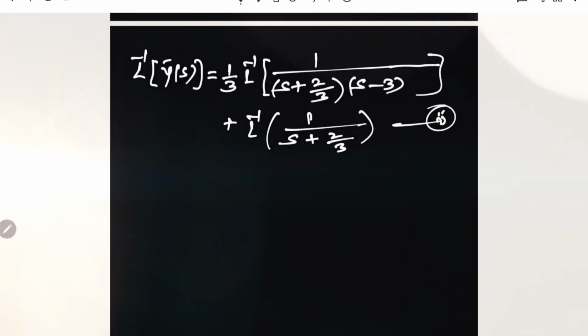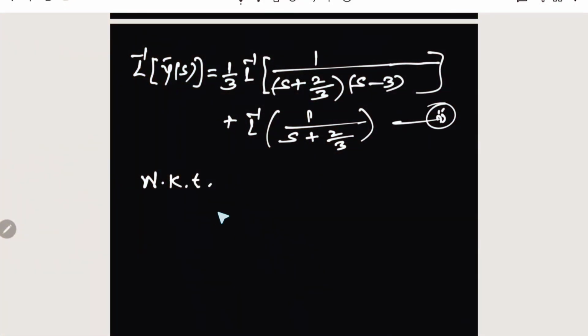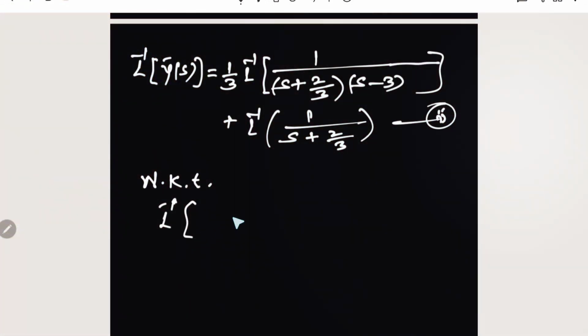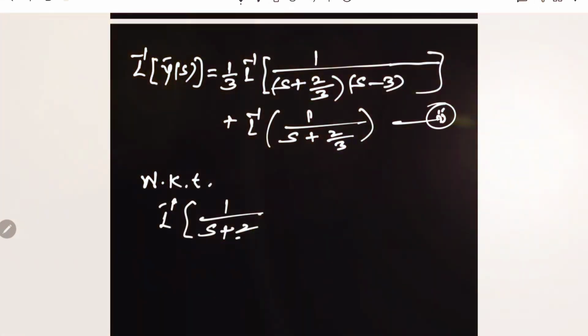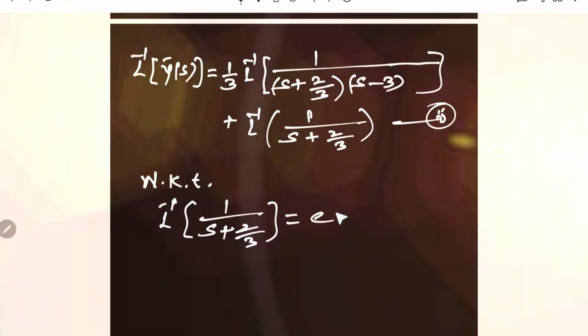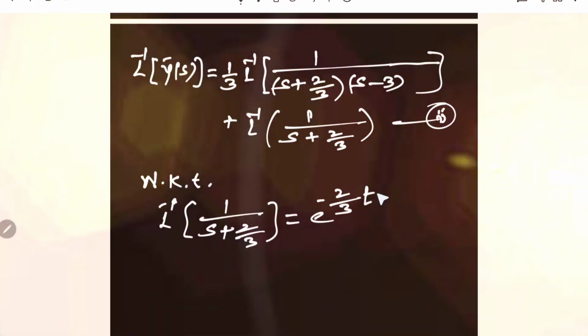We try to obtain the inverse of the first term by convolution, as there is a product of 2 terms of s. We know that inverse Laplace of first term 1 upon s plus 2 by 3 is e raised to minus 2 by 3 times t.